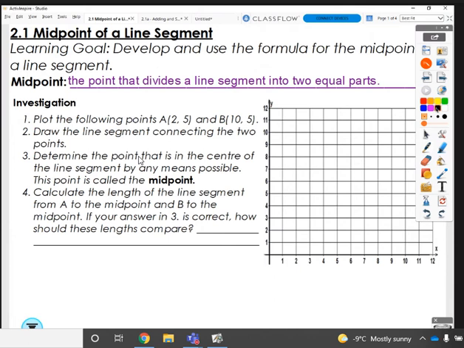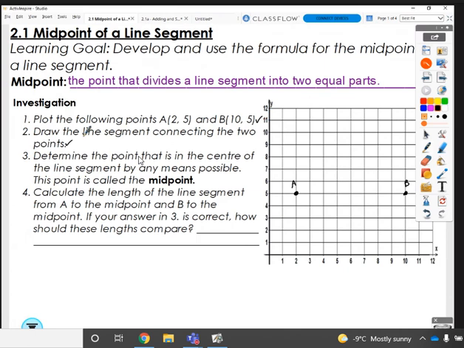So in this investigation, we had to plot the points A, which was (2, 5). So we start at the origin, (2, 5). Lovely, that's point A. And then point B is (10, 5). Point B over here, (10, 5). Draw the line segment connecting the two points.